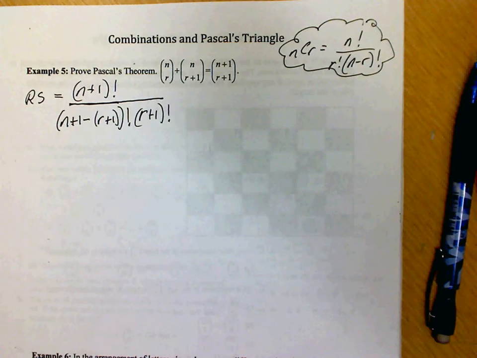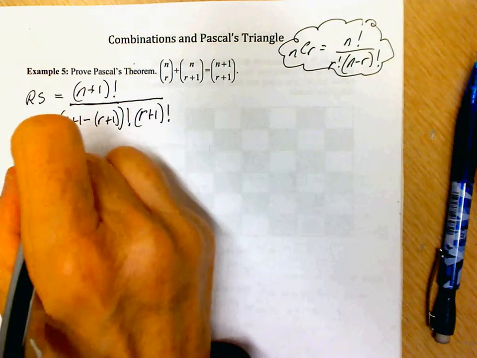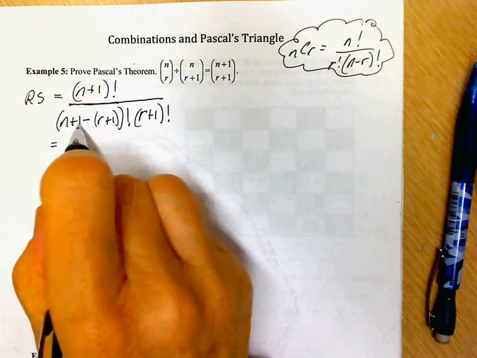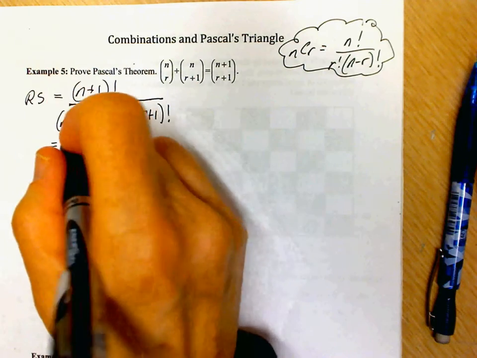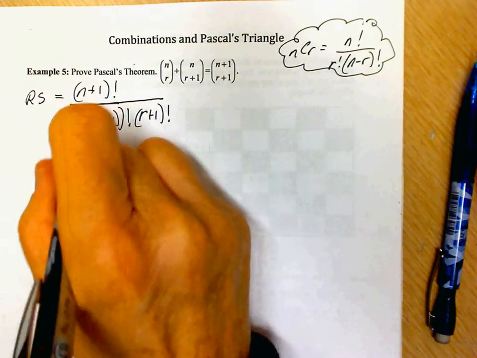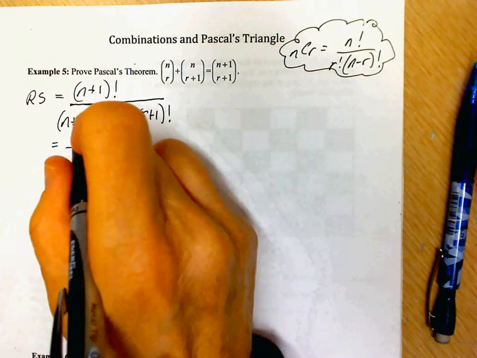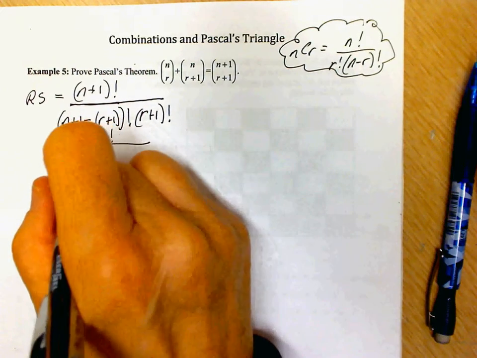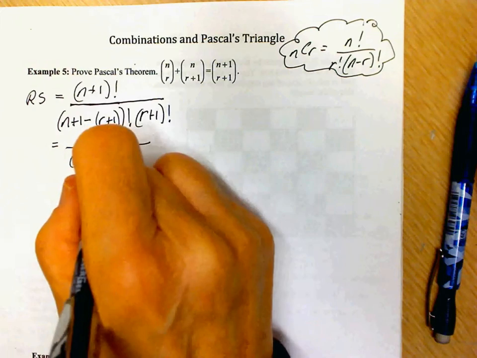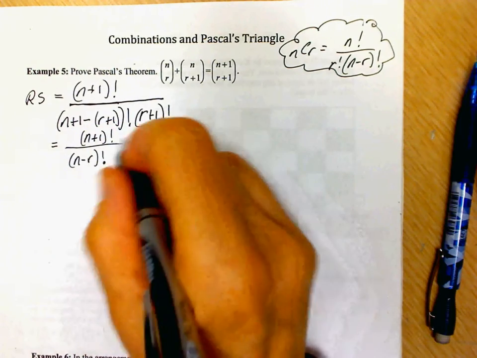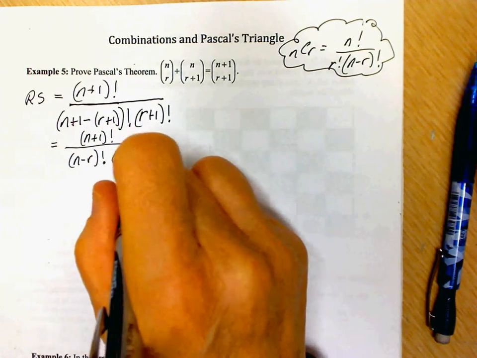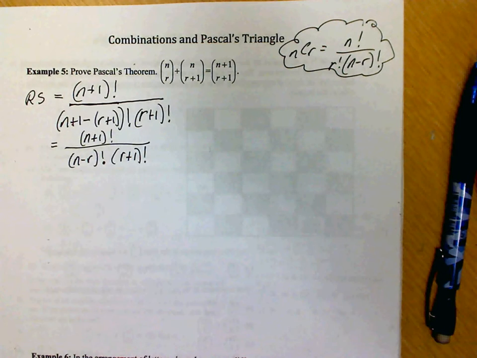We know n plus 1 minus r plus 1 simplifies to n minus r, so the denominator is n minus r factorial times r plus 1 factorial. So I've simplified the right-hand side as far as I could go.